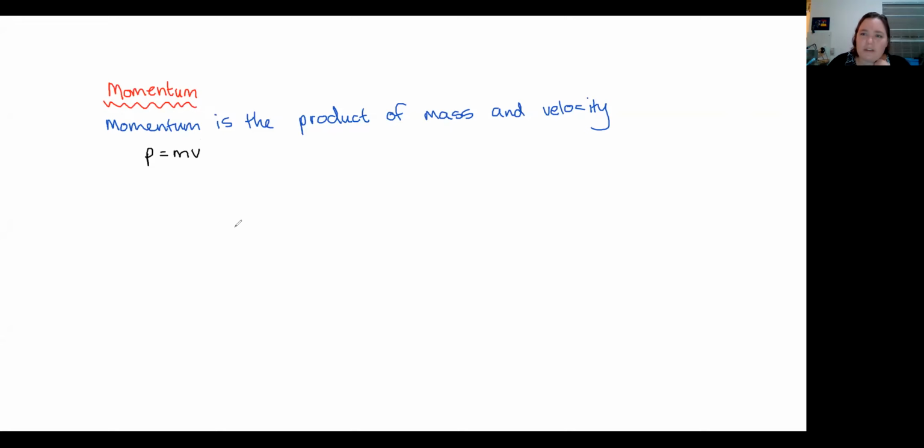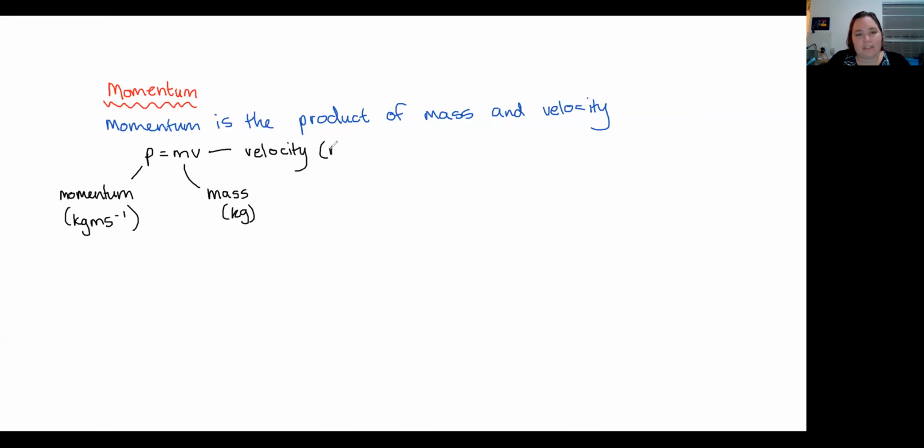But the problem is that if you don't know or have a picture in your head, it gets a lot harder to make sense of what it means when we say momentum, with the units of kilogram meters per second, is equal to the mass with the units of kilograms times by the velocity in meters per second.